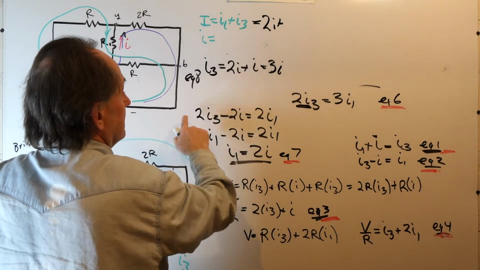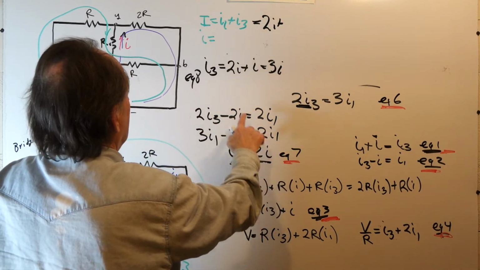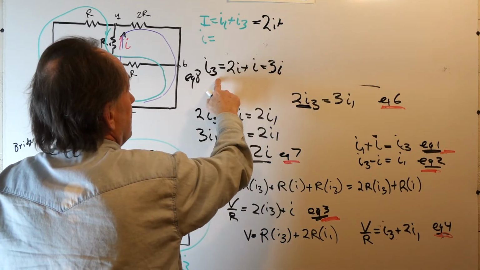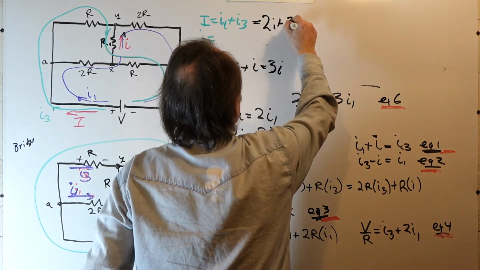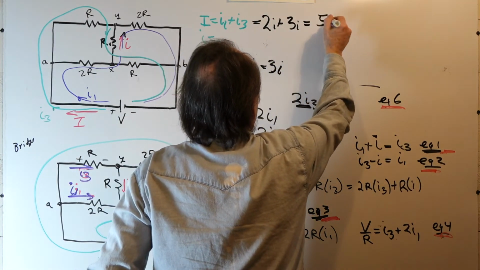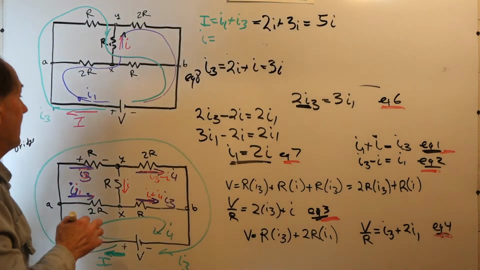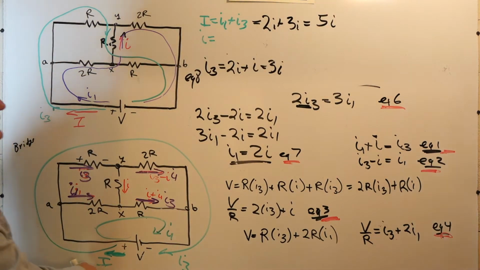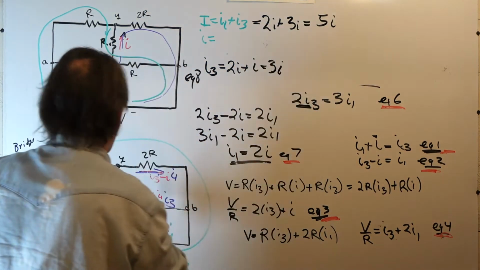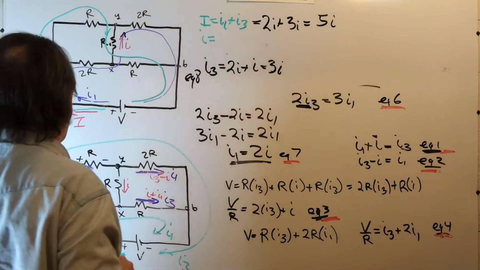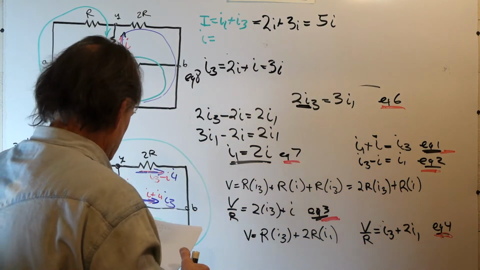And equation 8 gives us I3 in terms of I. So that's 3I. So, capital I, the current coming out of the voltage source, is 5 times the current in the bridge resistor.